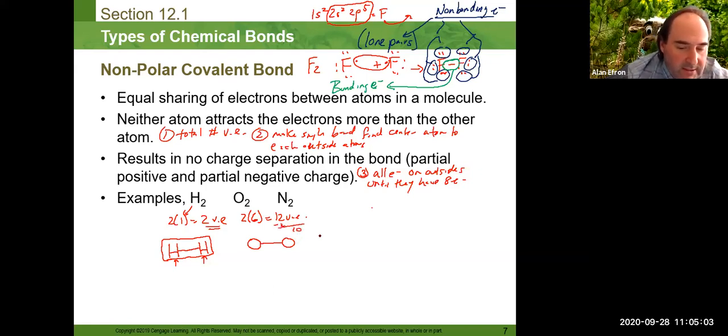So what I want to do is put those 10 electrons on as pairs until everybody has 8, except for hydrogen, which is not the case here, so there is no hydrogen. So what we're going to do is 2, 4, 6. That fills up this guy. He has 8 on the right.